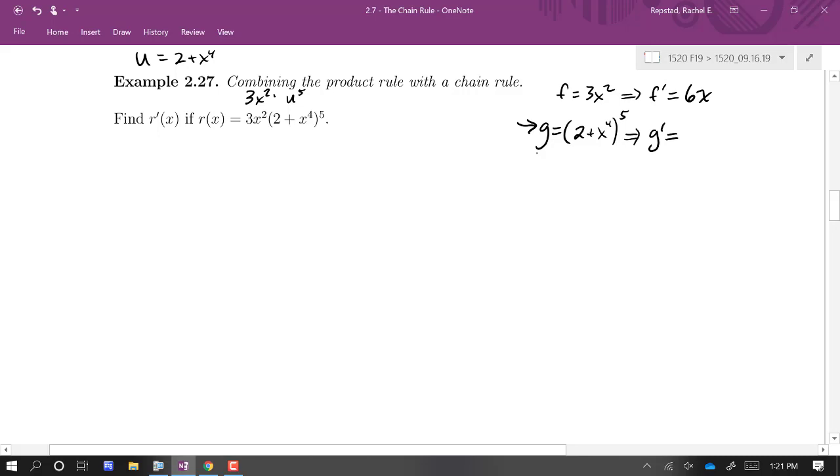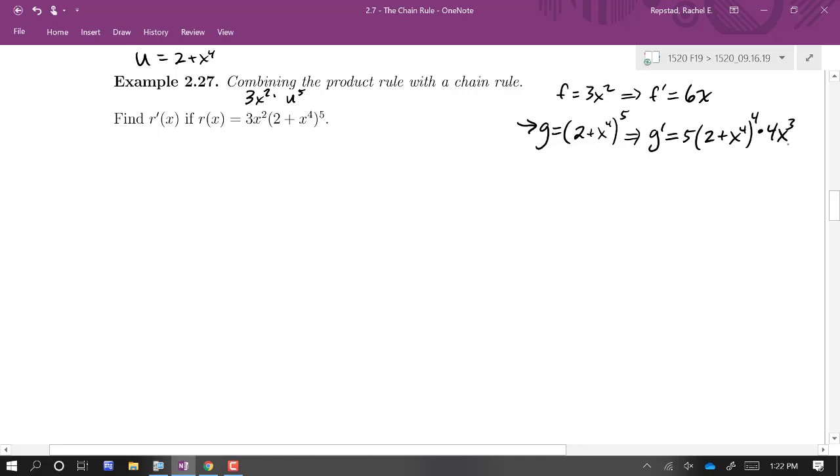But we don't have to use u. Yeah, I mean, in a sense, we are automatically using u in the background. So g prime is 5 parentheses 2 plus x to the 4th, all to the 4th power, times 4x cubed. Yes.